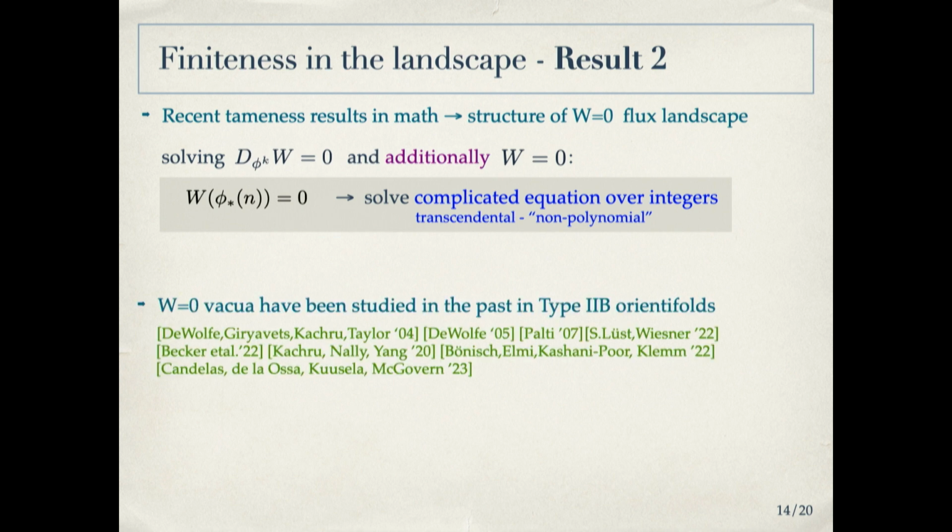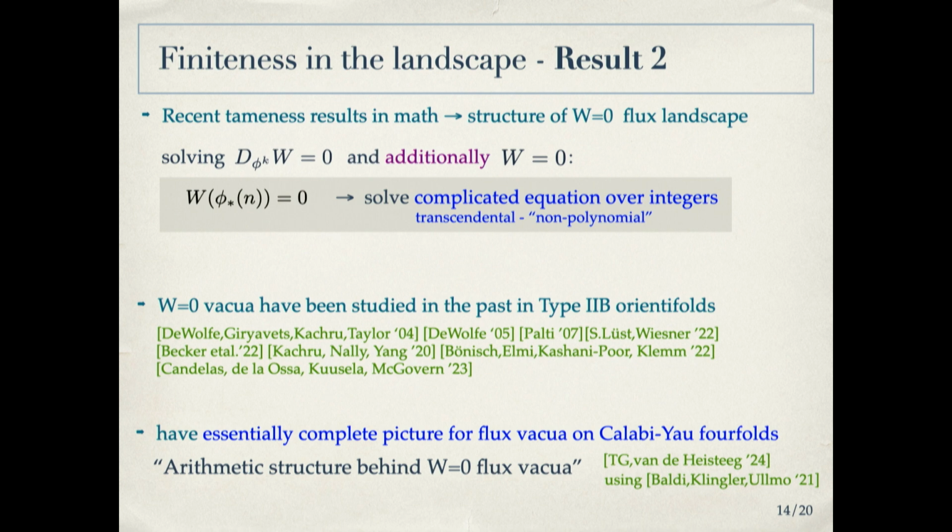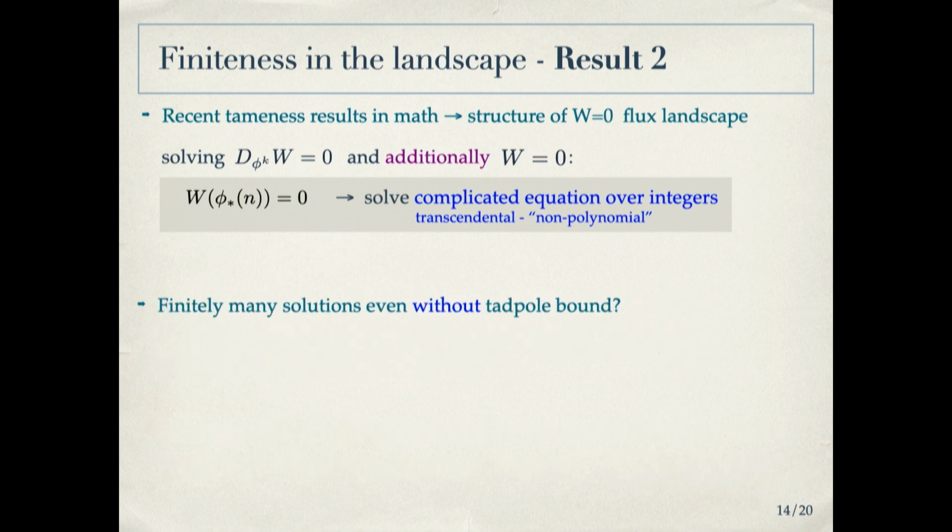These things have been studied in the past, but now we have an essentially complete picture because of this technology of the flux vacuum landscape for Calabi-Yau fourfolds. And we discovered that there is some remarkable arithmetic structure behind this W equal to 0 vacuum. At first, you might think there are just finitely many. That's a wild conjecture because you choose infinitely many fluxes.